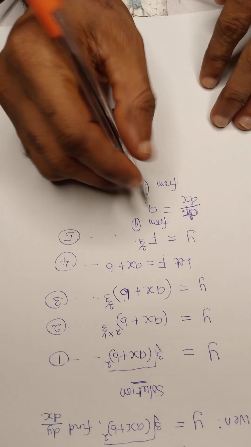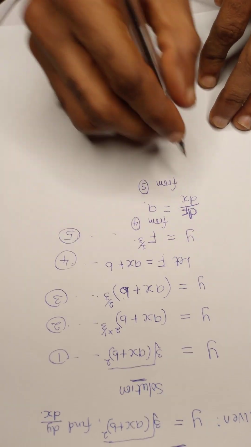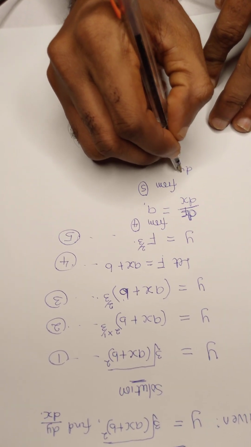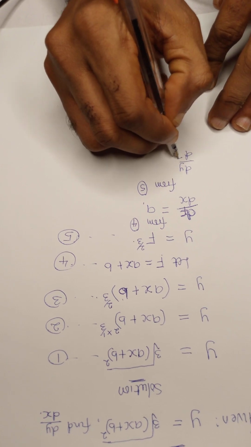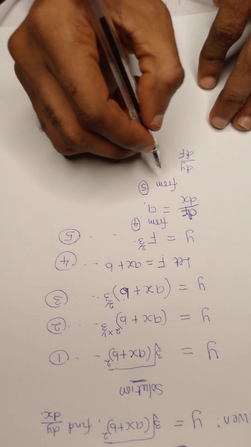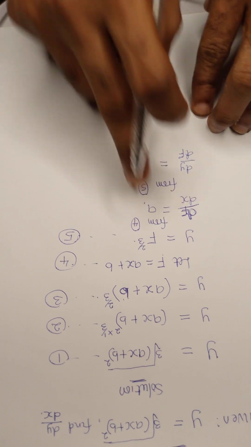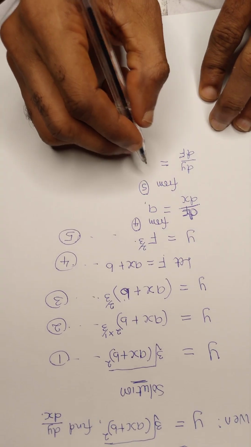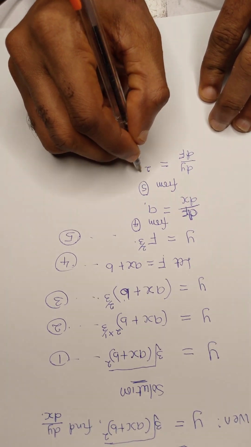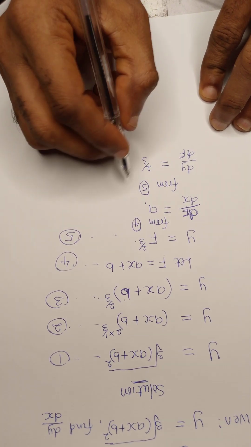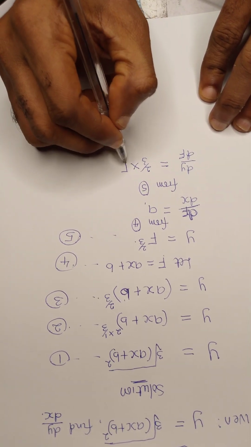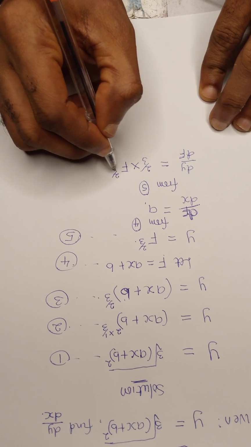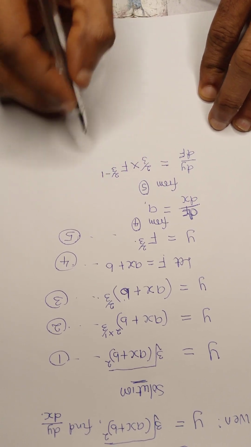Then from equation 5, if we differentiate y with respect to f, we have dy over df will be equal to 2 over 3 times f raised to the power 2 over 3 minus 1.